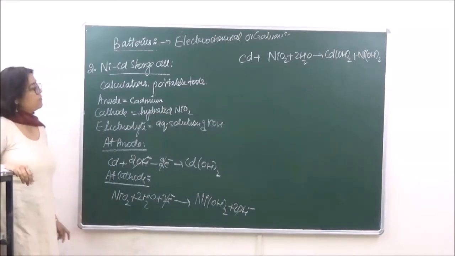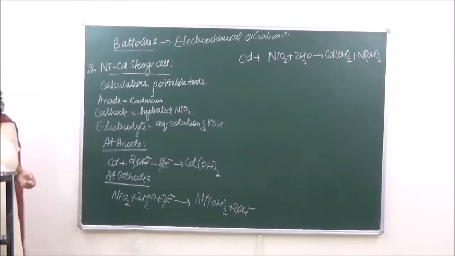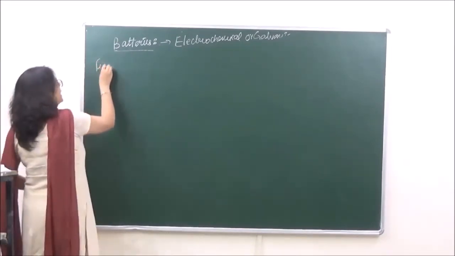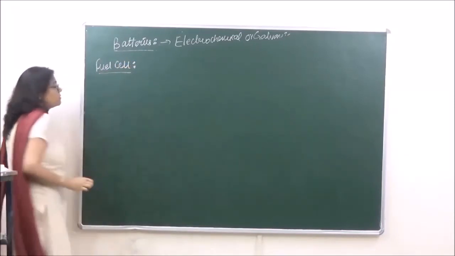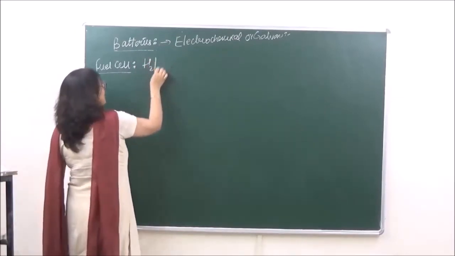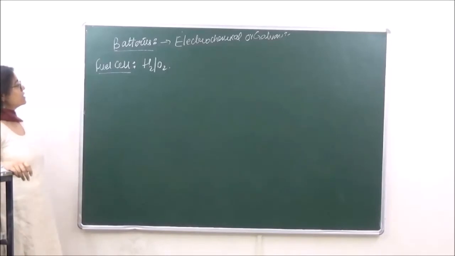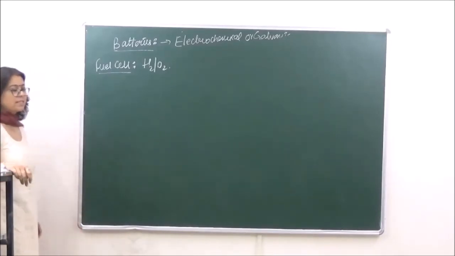Then we come to a very special kind of galvanic cell, which is known as the fuel cell. The fuel cell is a very efficient kind of cell, and the fuel cell which we are going to discuss over here is the hydrogen-oxygen fuel cell. Now we say that this is a constantly operational cell.